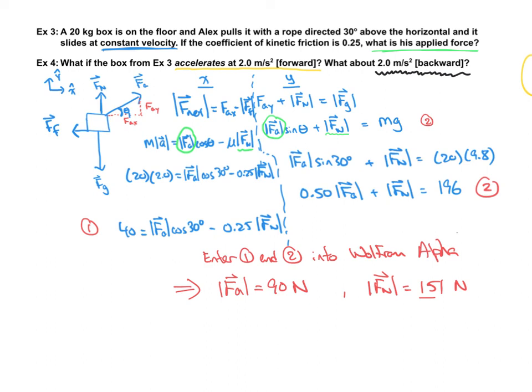What happens is, if the acceleration is backwards, that means it's slowing down, and that means it's actually friction that's larger than the x component of applied. So in the equation, I just swapped those two terms. I drew that with the black arrow there. That's the only difference. These two switch places.